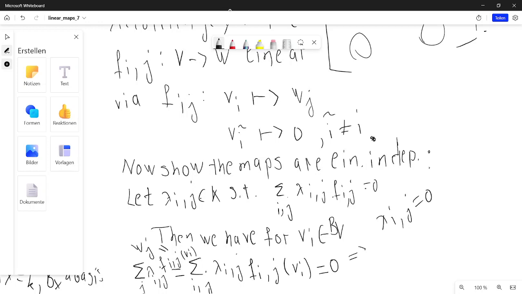Because recall that Wj's were elements in the basis BW, right?